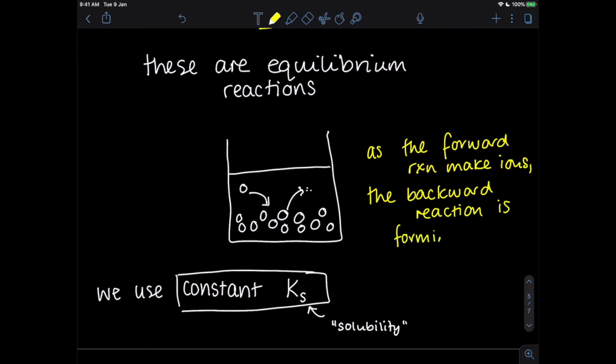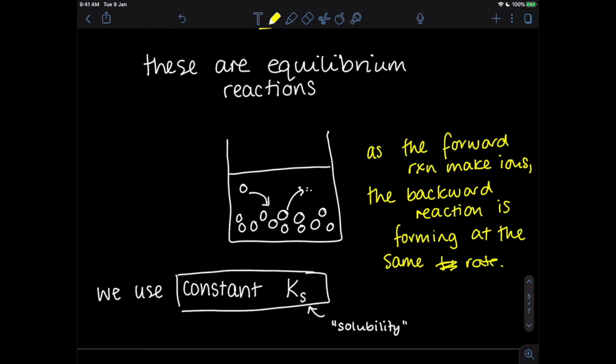Because they're doing this at the same rate, we don't see anything happening with our own eyes or even with measuring equipment of varying sensitivity. Same rate. So they're happening equally fast, which means that we don't see anything happening, but a reaction is still occurring, and we know that because we can poke it like we learned with Le Chatelier's principle.